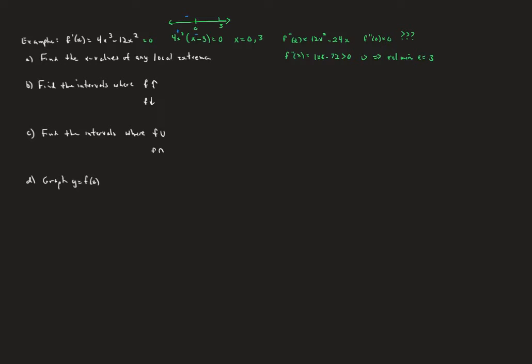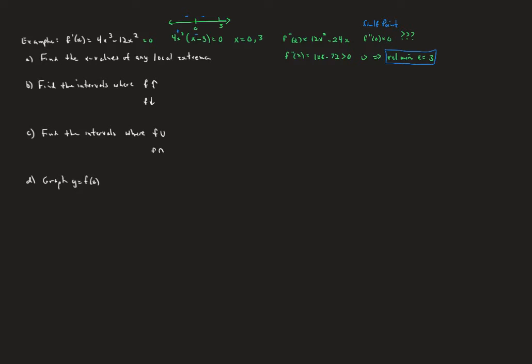If we plug in a positive 1, the 4x squared is still positive, but the x minus 3 is still negative. The product's still negative, so that's going to be a shelf point. It turns out that it is not a relative min nor a relative max. So the only relative extrema is going to be at x equals 3, where we're going to get a relative minimum. Okay, let's go on.